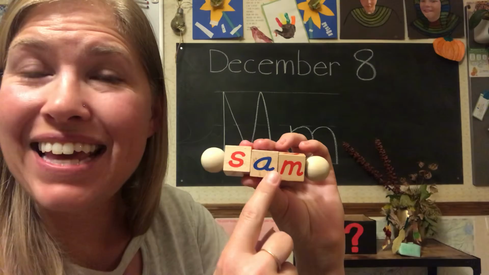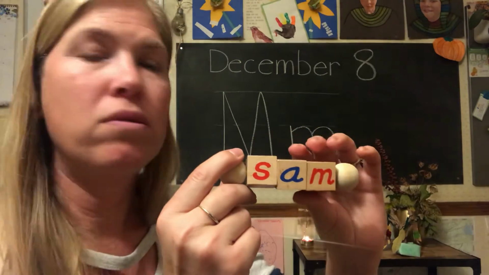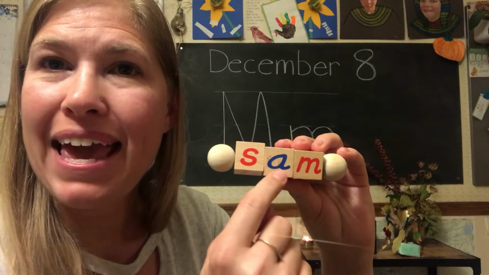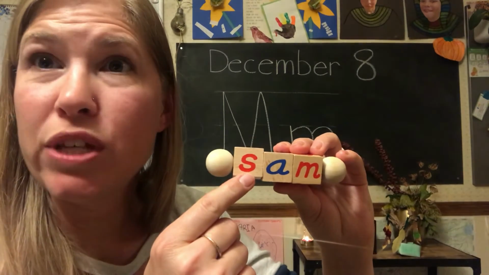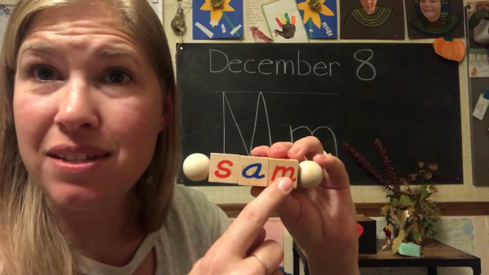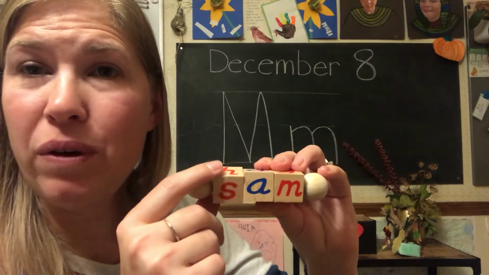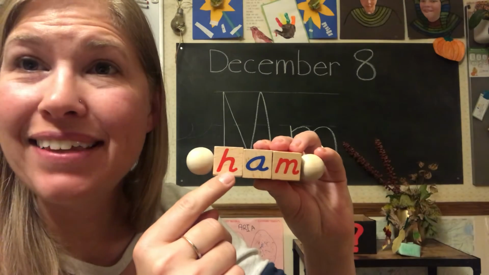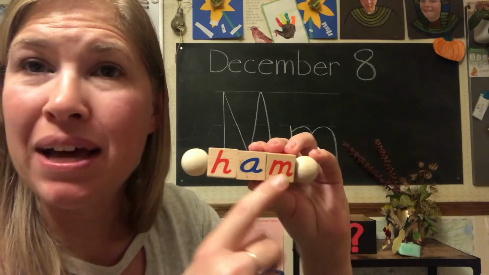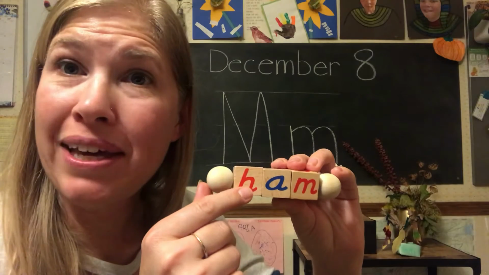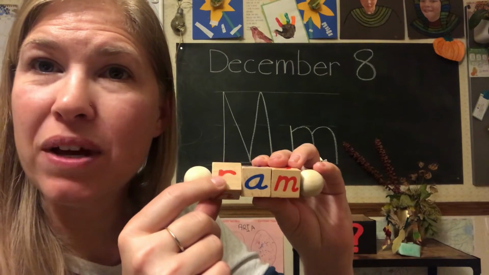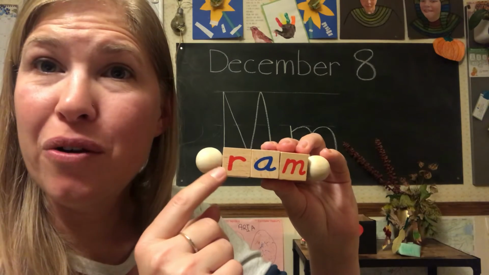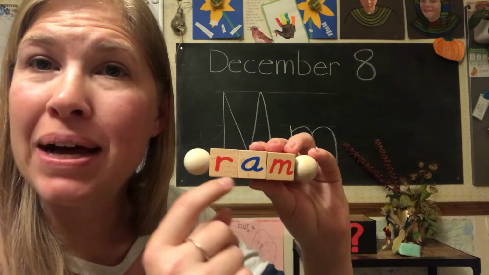So it's Sam. Now, let's try a different way. What about if I keep AM, am, and I'm going to rotate the S. So this was Sam. Now it's ham. That's the H. Ham. Ham and Sam rhyme. What about this one? What letter is that? That's R. Ram.